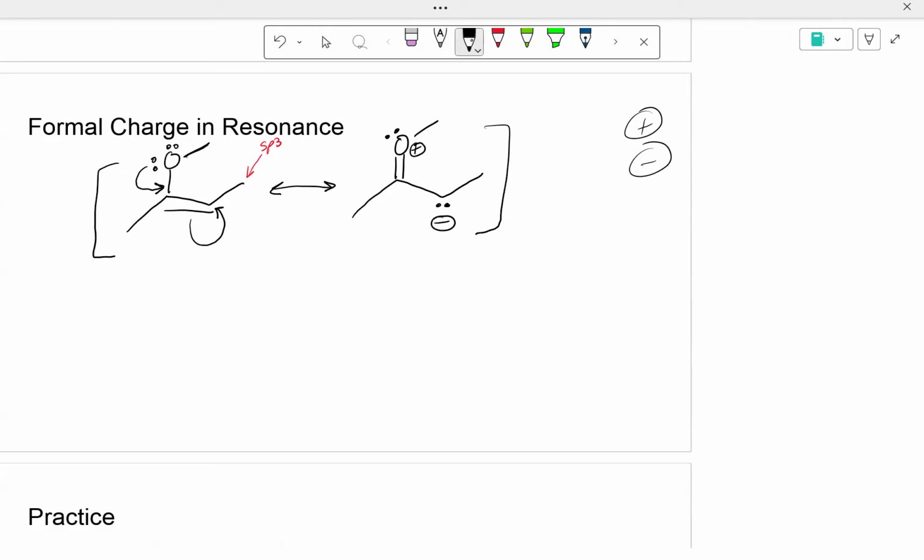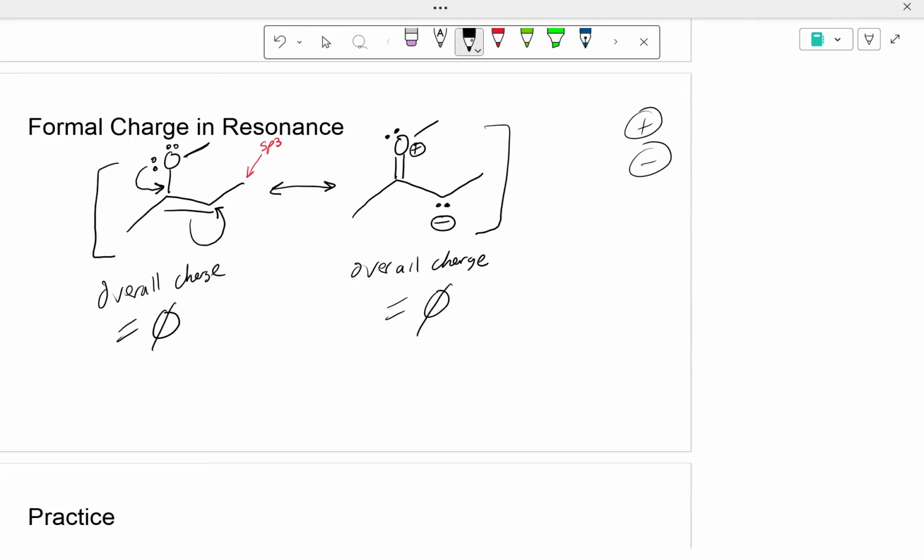And I'm going to use this example to emphasize one more point about formal charge. What is the overall charge of the resonance structure on the left? It's 0. What is the overall charge on the resonance form on the right? Well, you have a +1 and a -1.